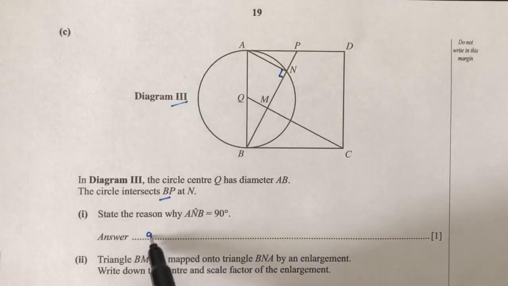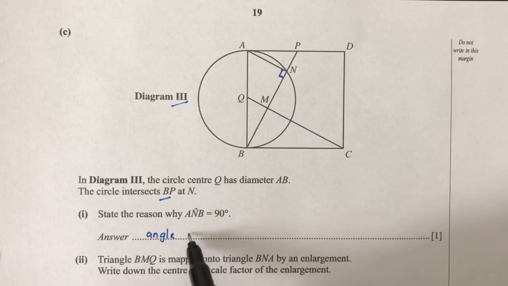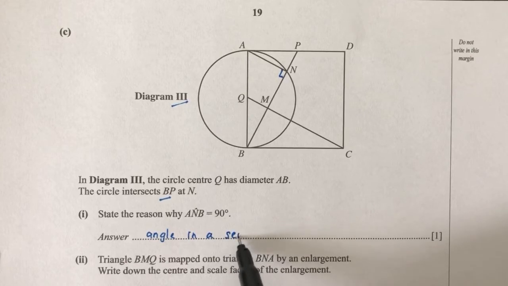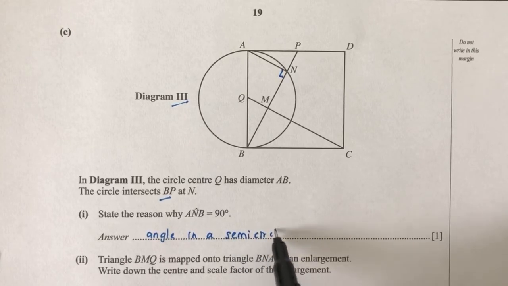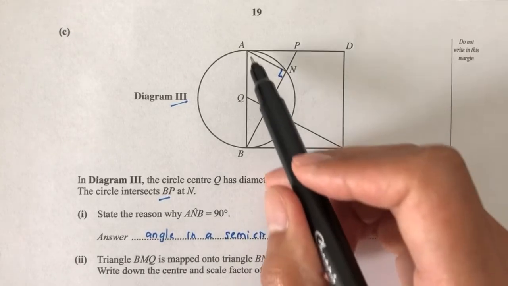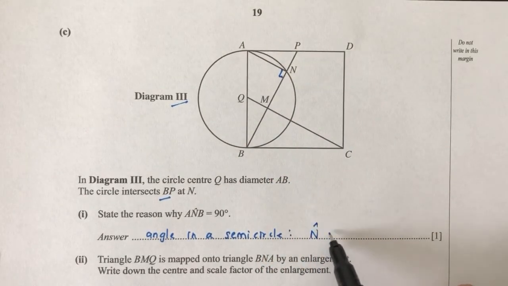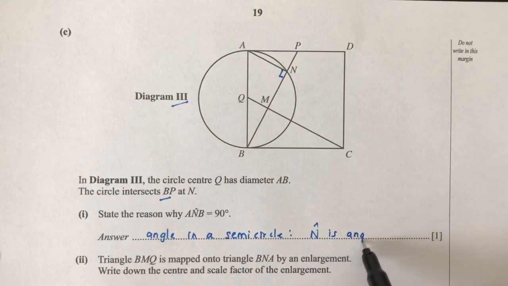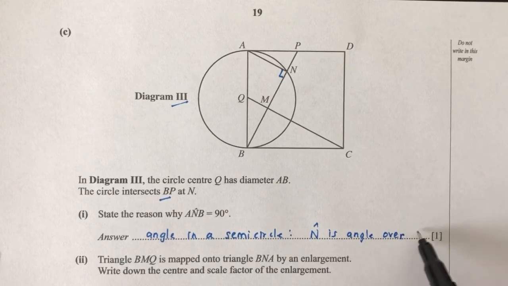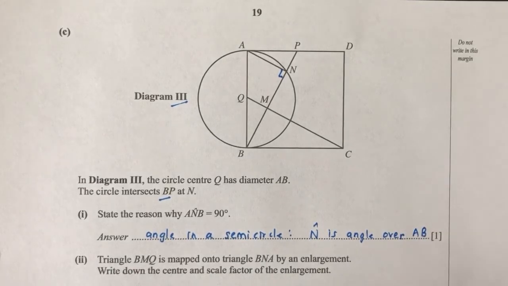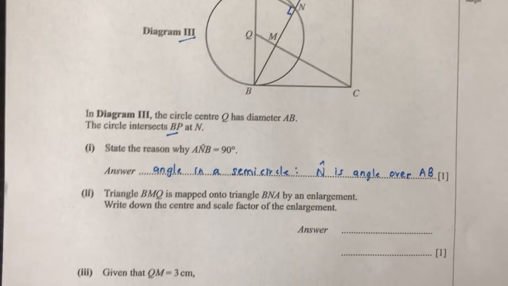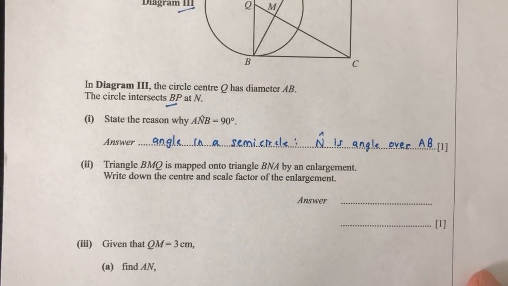So it is angle in a semicircle. Or you can say angle of a triangle over the diameter. So say N is the angle over AB, which is the diameter. That is 2 choices.